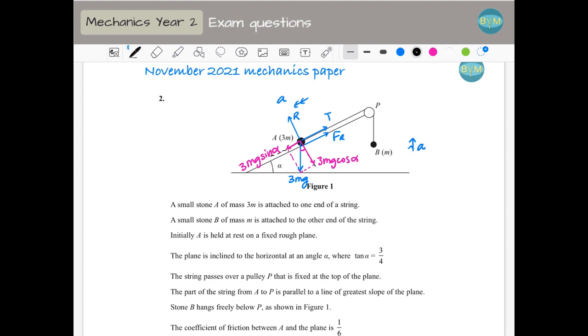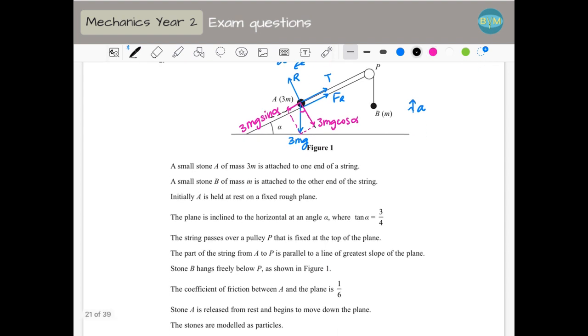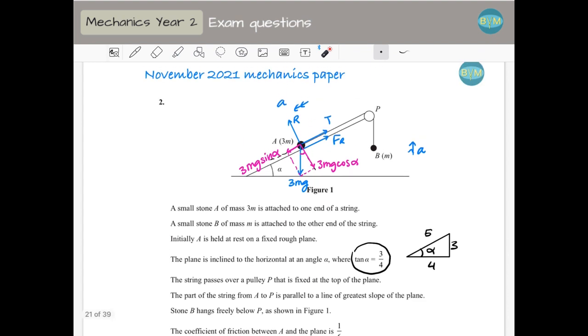We know alpha because we know tan alpha is 3/4. So we have this super triangle, which is alpha, 3, 4, 5. So that way we know sine and cos. So for the equation of forces, this particle is moving down. That means my resultant is down. This force is greater than these two together.